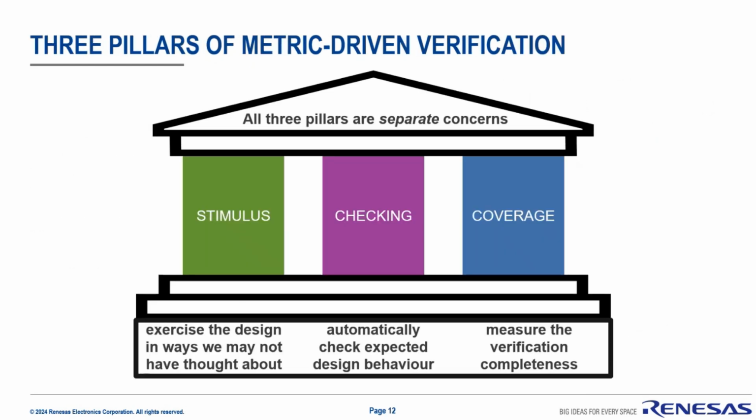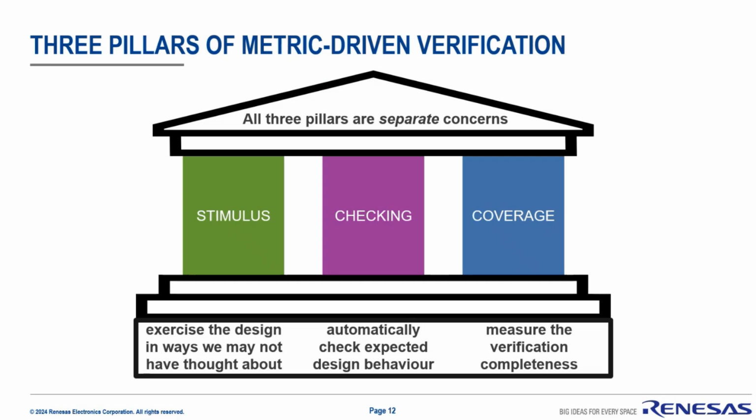So one thing that we need to keep telling people, hopefully this is very apparent to everybody in the verification conference here, is that whenever you look at V plans, it's so important to keep all of these different pillars of verification as separate and equal concerns. The stimulus, we talked about today, exercises the design in ways we haven't thought about.